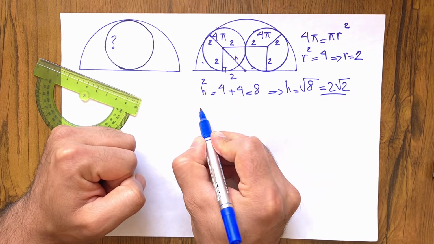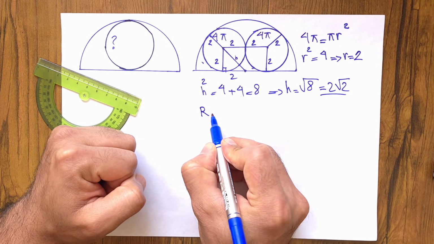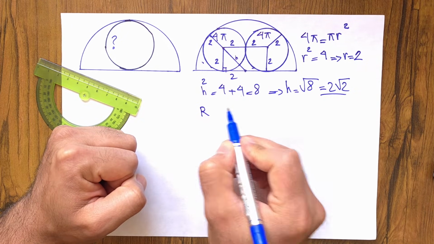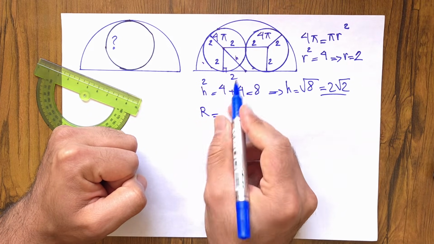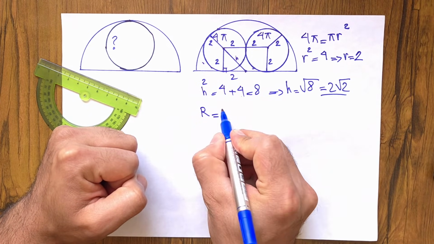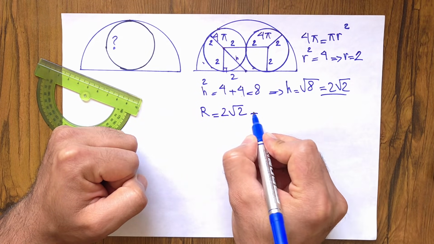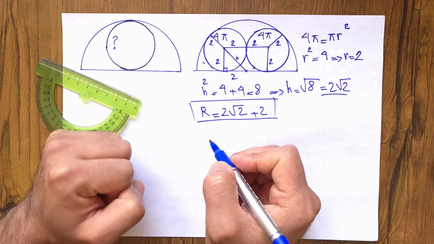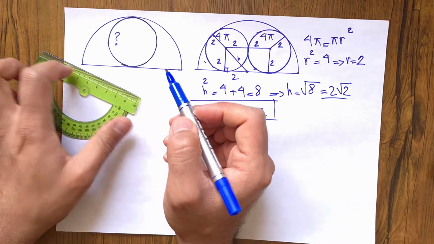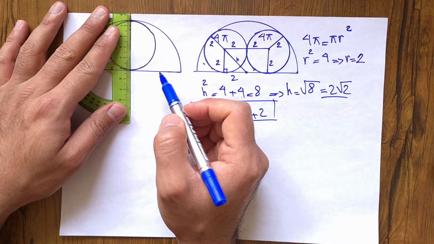So the radius of the semicircle, let's name it r, equals h plus 2, right? So h is 2 root 2, plus 2. So that's the radius. We finally found the radius of the semicircle. And now let's go back to our other shape.